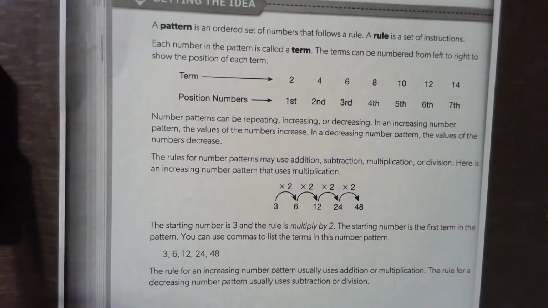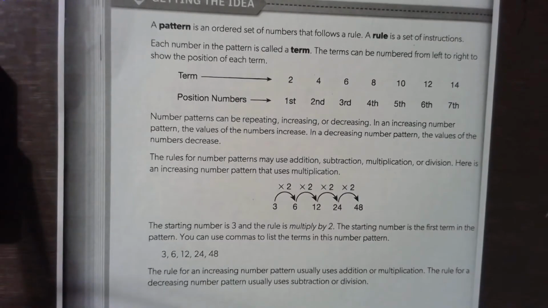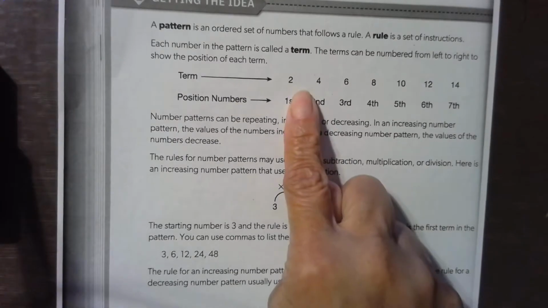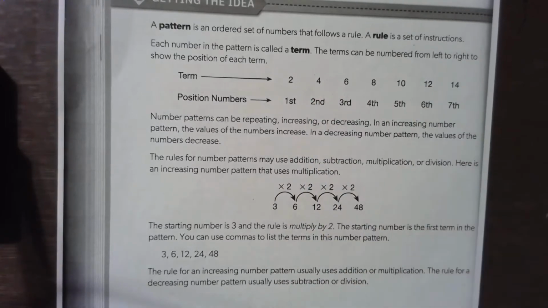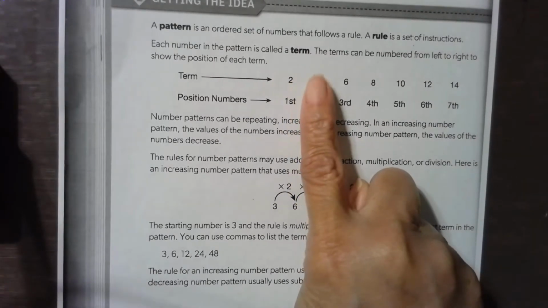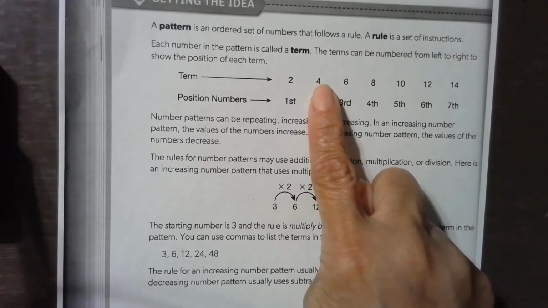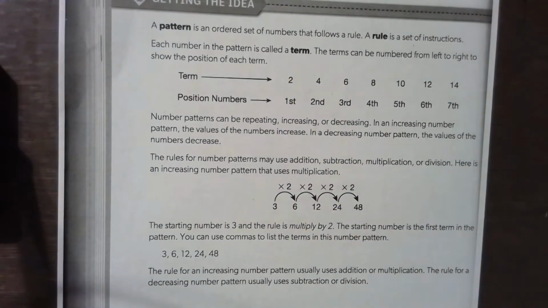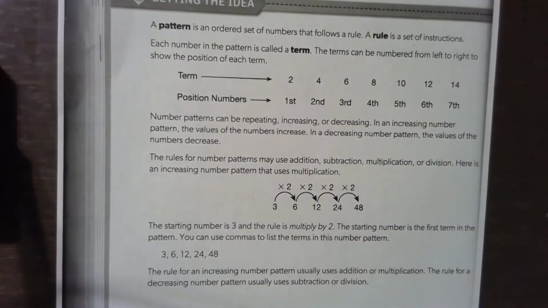It's obviously increasing, so we know it's either adding or multiplying. It looks like they're each going up by 2. So if we add 2, 2 plus 2 is 4, then 4 plus 2 is 6. We can tell that our rule is adding 2.